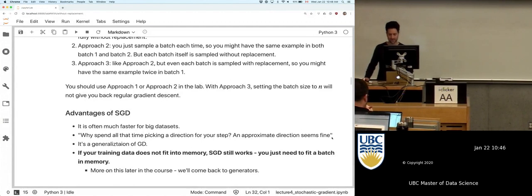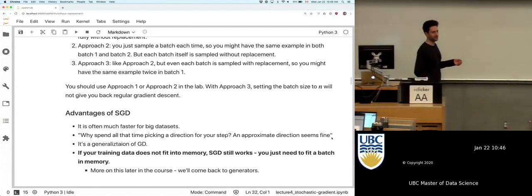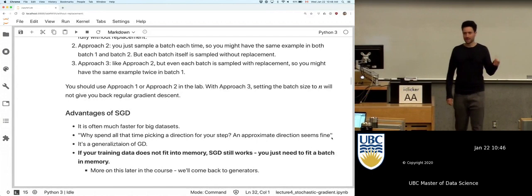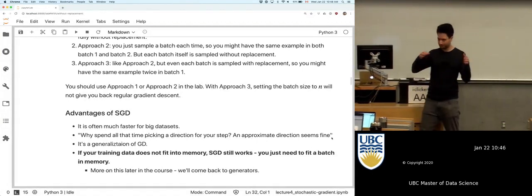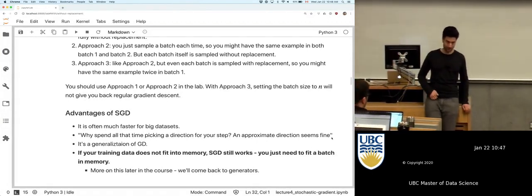One thing I want to say is that in your lab, I have you comparing scikit-learn's SGD classifier, which is doing logistic regression when you set the loss appropriately, to scikit-learn's logistic regression. Scikit-learn's logistic regression by default is not actually doing gradient descent. It's doing something fancier than gradient descent, but the point is it still has to look through the whole data set at least once per iteration.